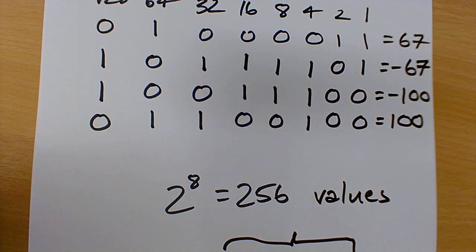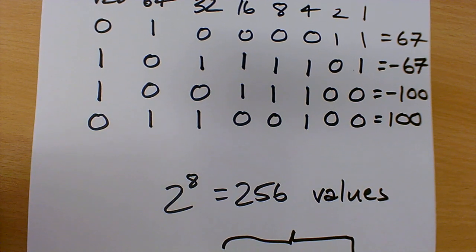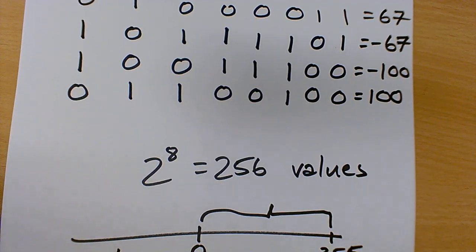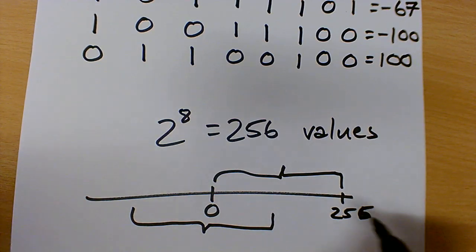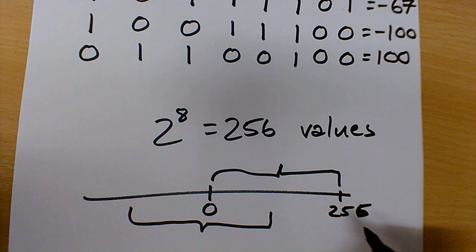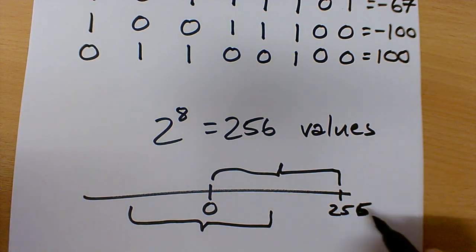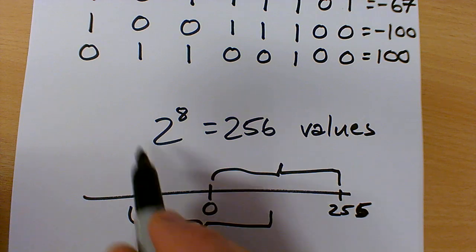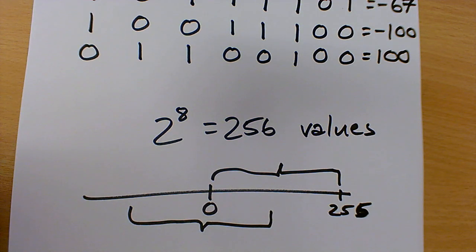Those 256 values. I've just realised I made a mistake, didn't I? 255 is the highest we can get. Foolish of me. But I can't be bothered re-recording the video. So we got 0 to 255 before.